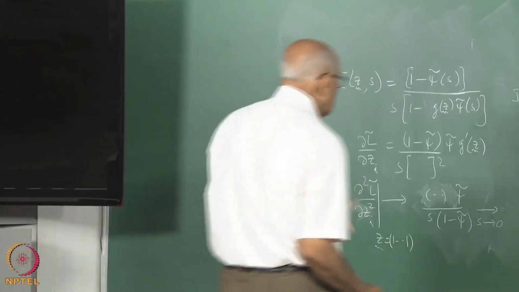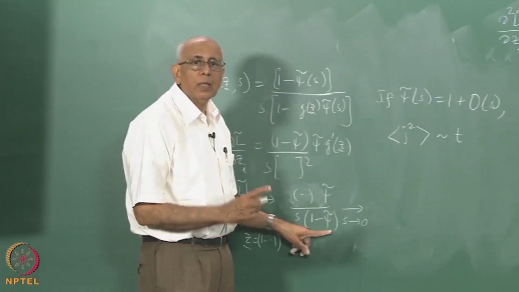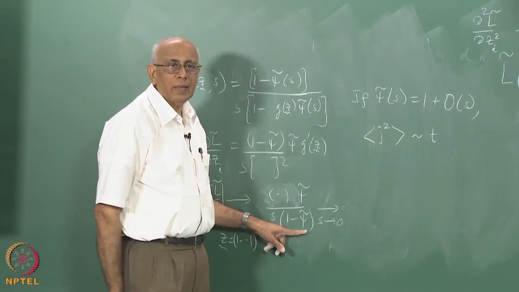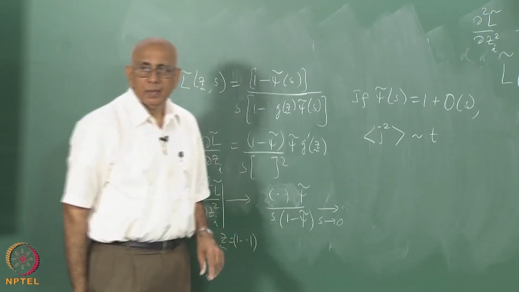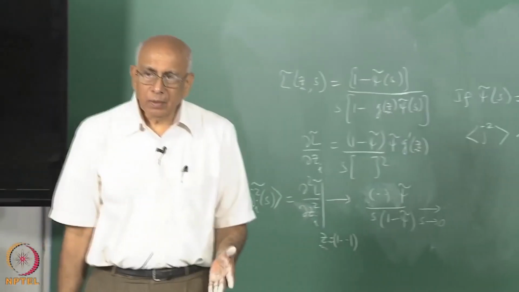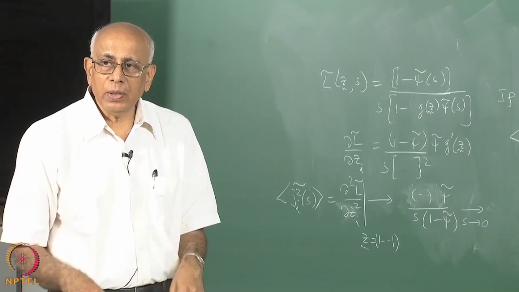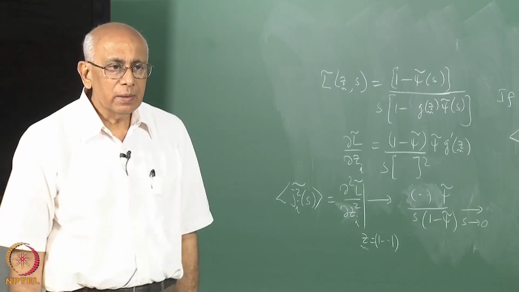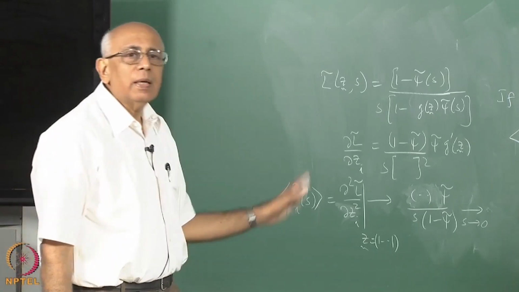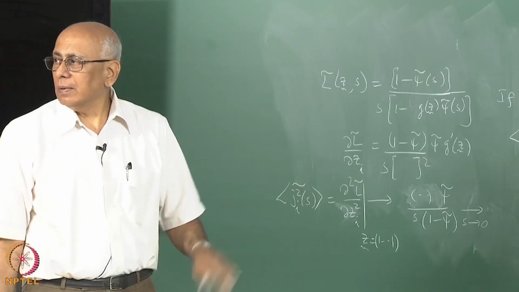Everything therefore depends on the small s behavior of this, or the large t behavior of the waiting time density. If it is exponential, or anything which has a Laplace transform which is analytic at s equal to 0, the first term is order s other than 1, then immediately you have diffusive behavior in general.